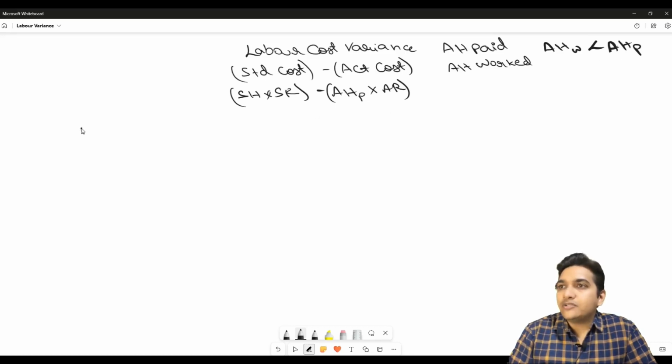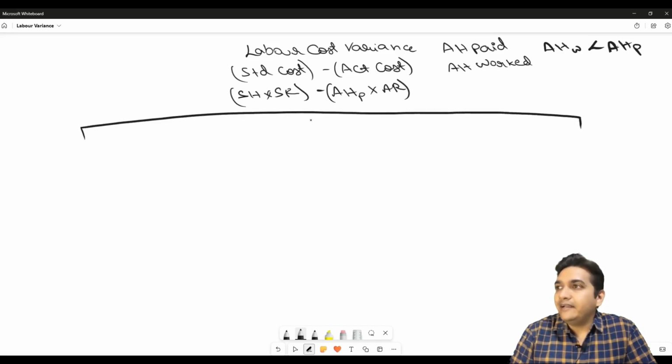In labor cost, we have three different types of variances. One is the rate variance. To compute rate, the formula is standard rate into actual hours paid, minus actual hours paid into actual rate.